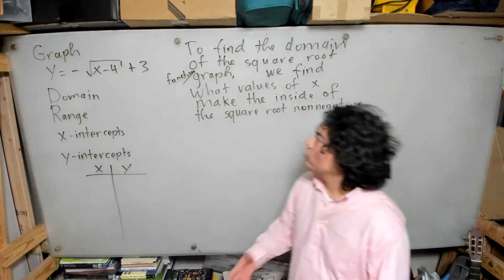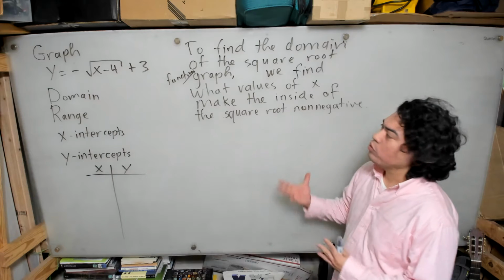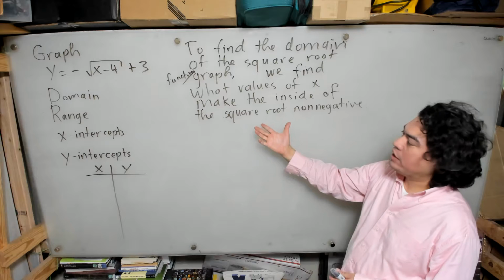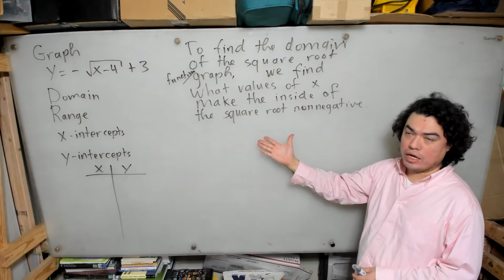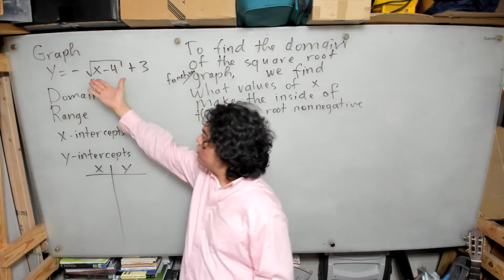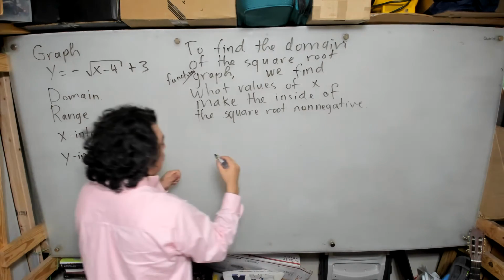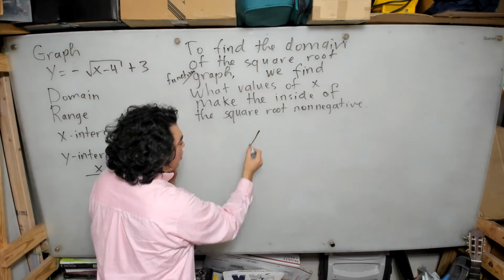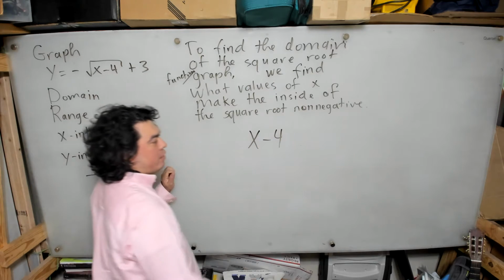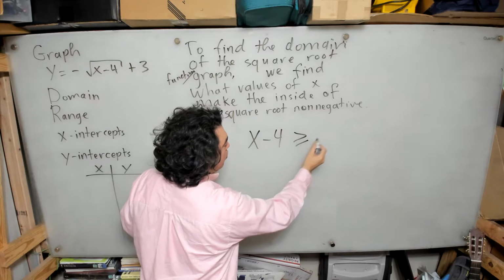To find the domain of the square root function, we find what values of x make the inside of the square root non-negative. In our case, the inside of our square root is x minus 4. So x minus 4 is non-negative if it is greater than or equal to 0.